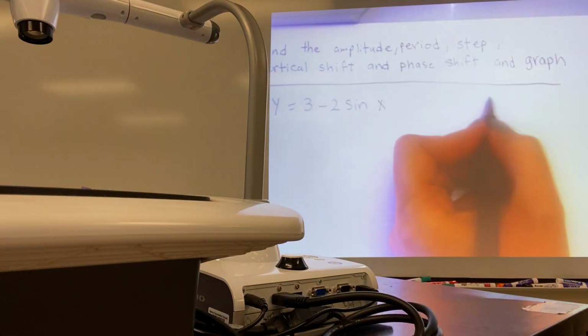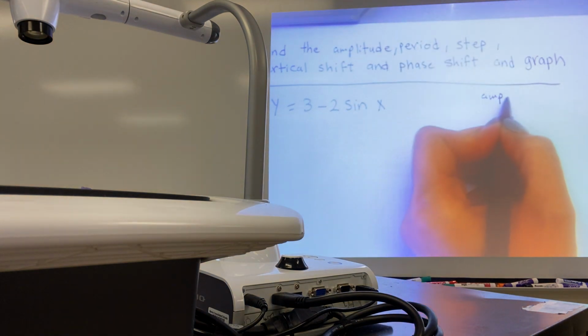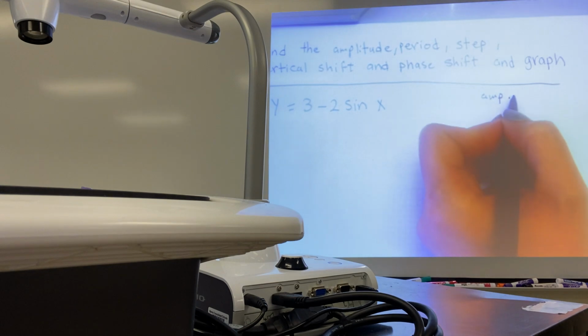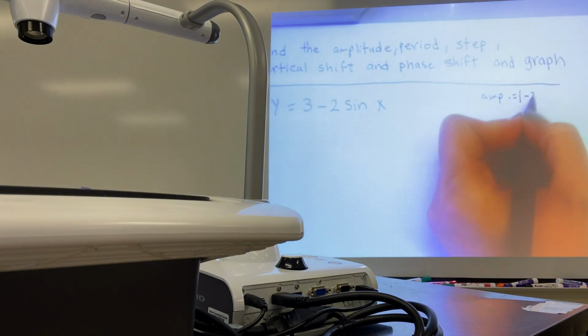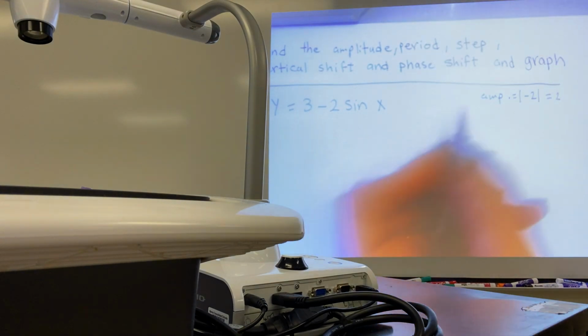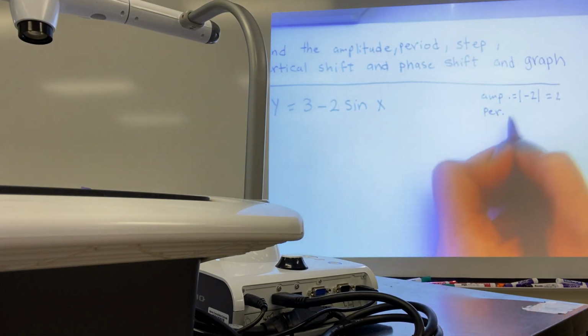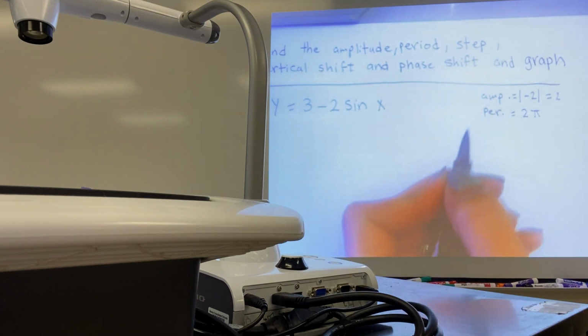Okay, the amplitude is the absolute value of -2, and that is a 2. Period is 2 pi over b, and b is 1 in this function, so it is 2 pi.